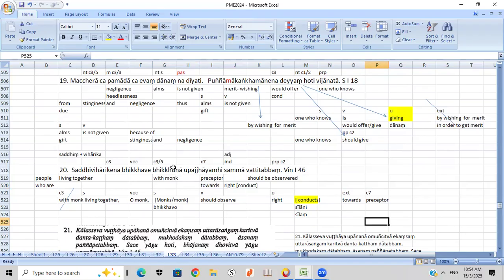So in this case, the word bhikkhuna, because the plural of big monk is bhikkhavo. Bhikkhavo. So this bhikkhavo, but however, when you translate that, we don't want to use instrumental, become subject. A monk living together should observe right conduct, right behavior, in this case, behavior.